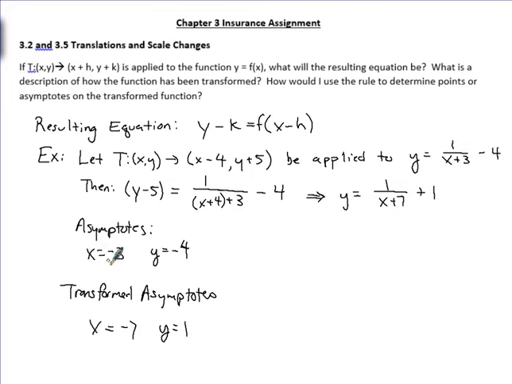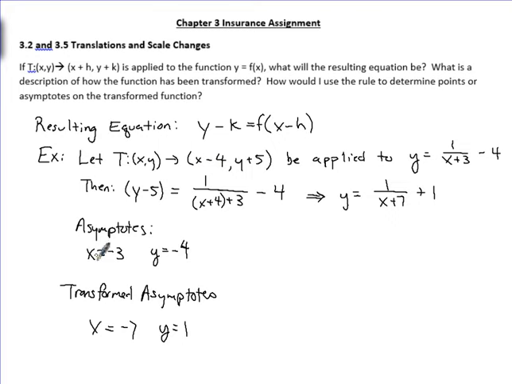Now that I know what the asymptotes are, this is a vertical line at x equals negative 3. This is a horizontal line going through negative 4 on the y-axis, but it's still a horizontal line. What happens to these under this transformation? Well, everything's going to get moved to the left 4 and up 5.